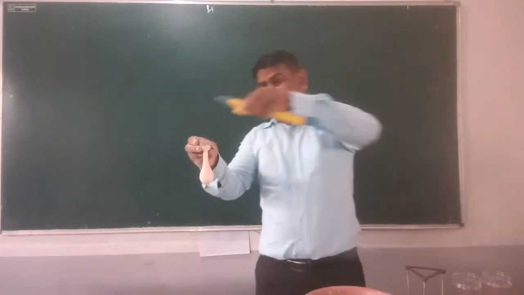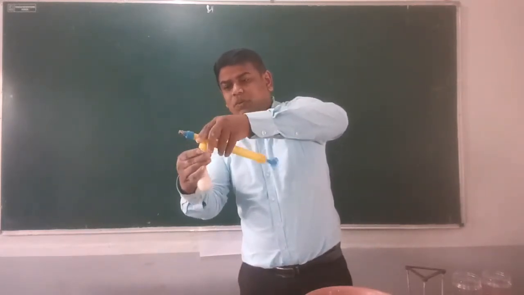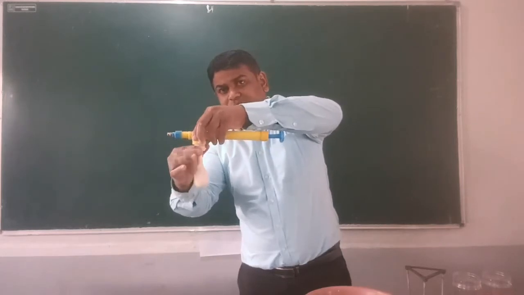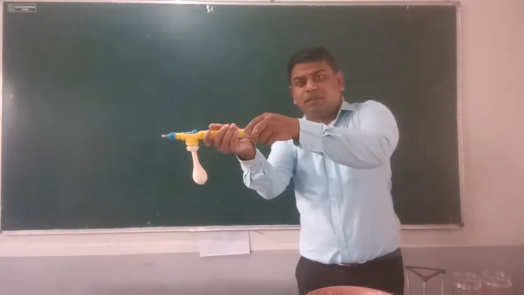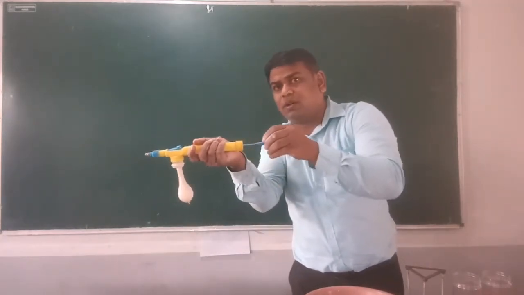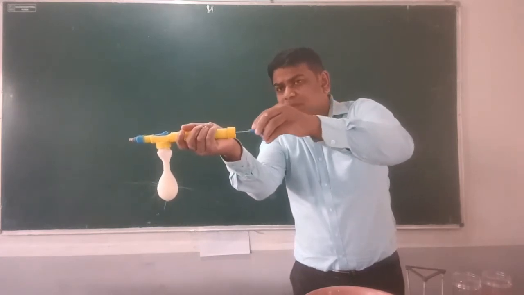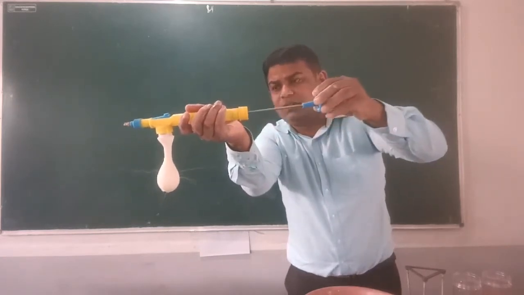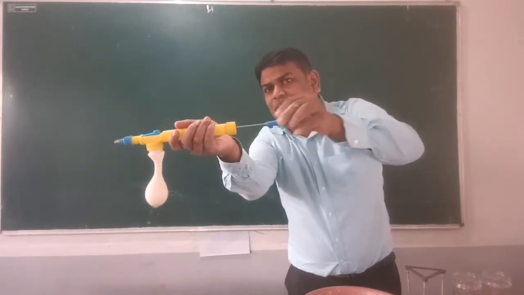So I will give pressure on that liquid with this one, after fixing it here. You can notice how water comes out from those holes when I give pressure here. Right, as you see here, if you see a closer view, liquid goes almost everywhere.